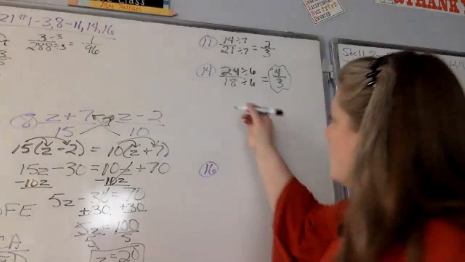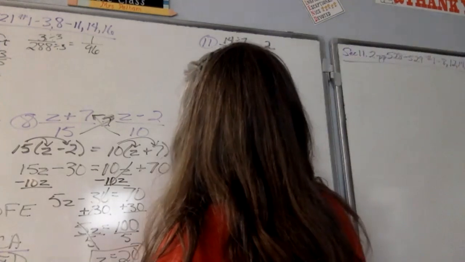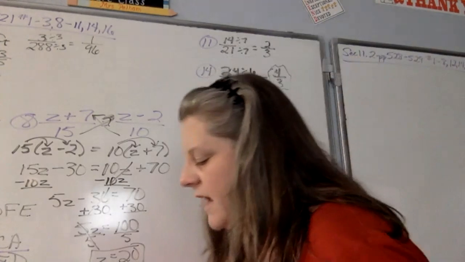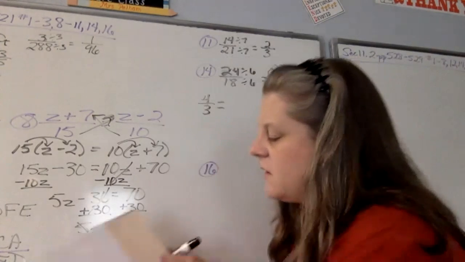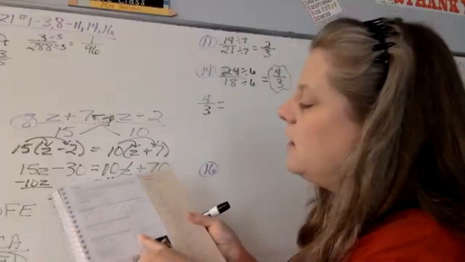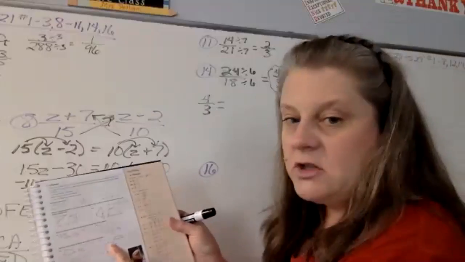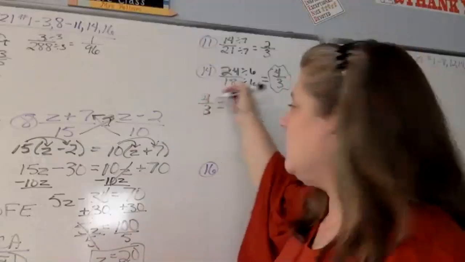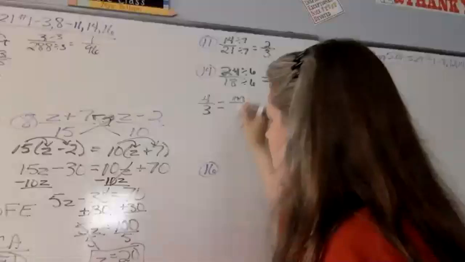So I have 4/3 is equal to, and then the first one we have M and we have N. So M is right here on the top. It's in the big triangle. So if I have the big triangle on the top here, I have the big triangle on the top on the other side.